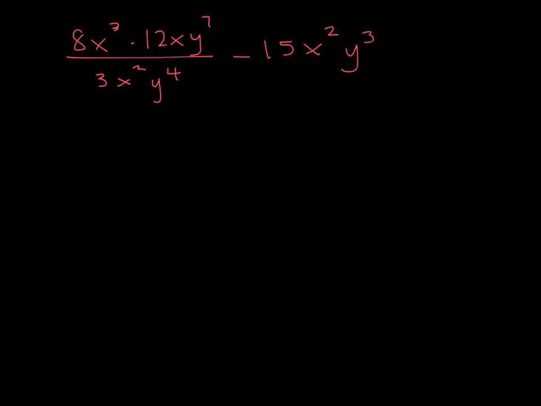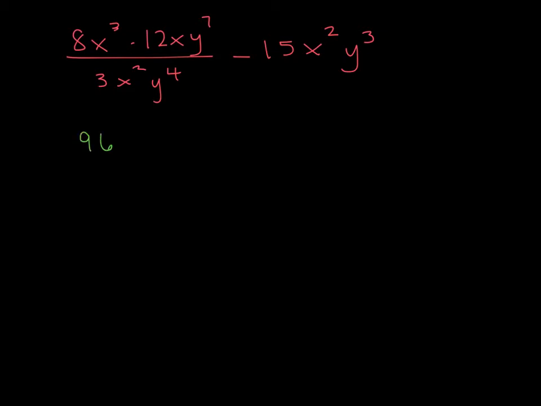So when you start out here, you want to go ahead and multiply, so you're using your product of powers rule. So when you do that, you're going to multiply 8 times 12, which is 96.